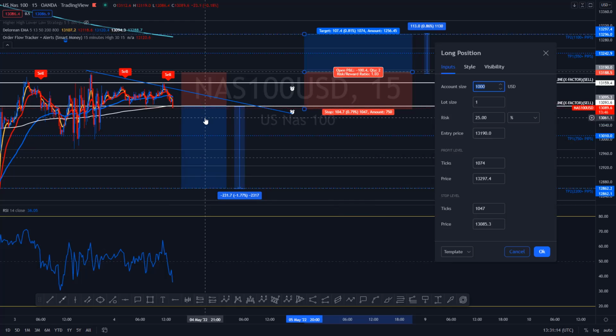If it pushes, something might be dropping. Yeah, see, it's still bouncing off of that line.